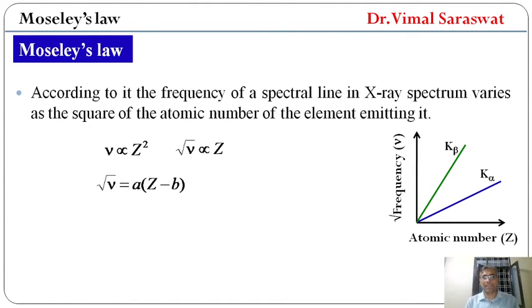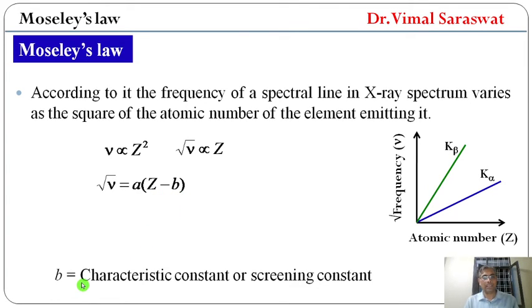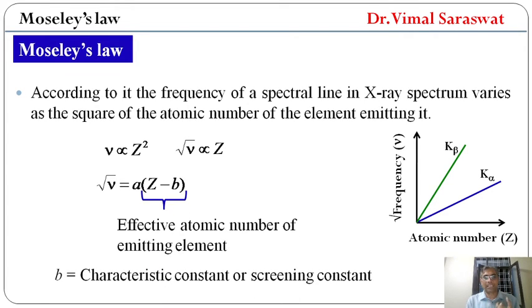Now, if we eliminate the proportionality sign, then we get a constant of proportionality. So, root nu is equal to A into Z minus B. Here B is the characteristic constant or screening constant, whereas Z minus B is the effective atomic number of the emitting element.